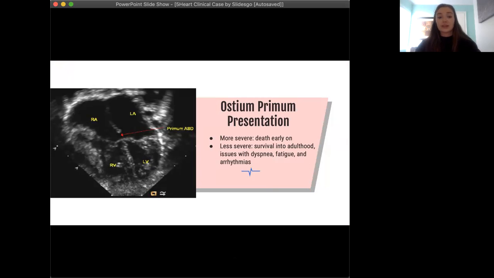So this defect looks relatively small on this echo, but it depends on, of course, the angle that the echo is taken at and then everything else as well. So yeah, very variable presentation depending on the size of the defect to the septum.